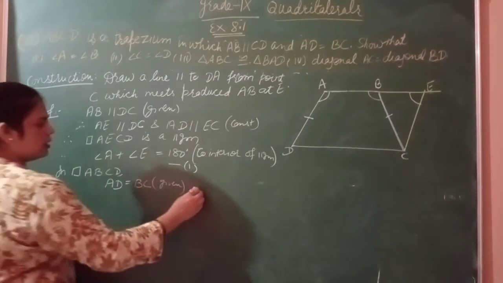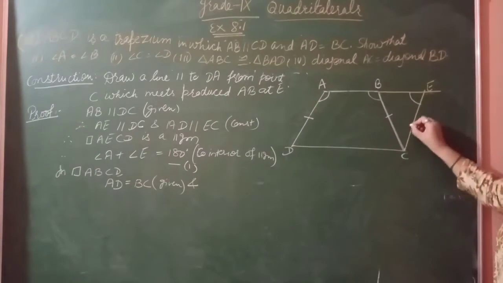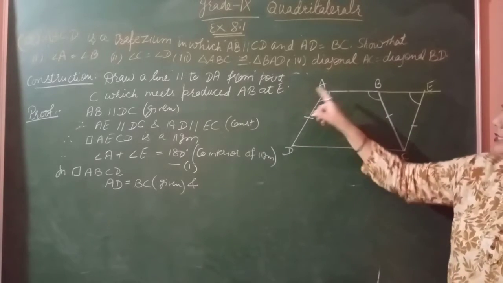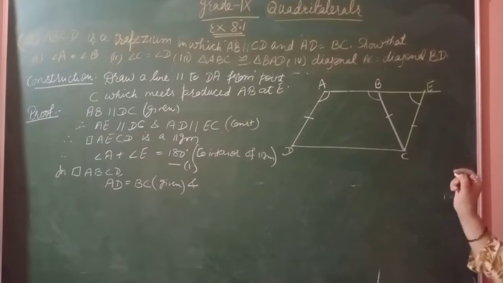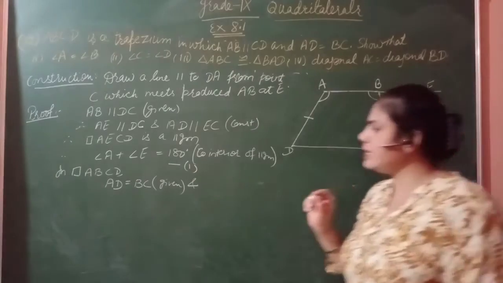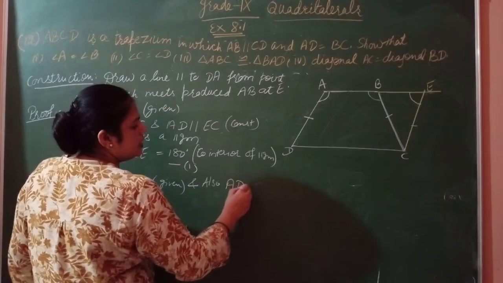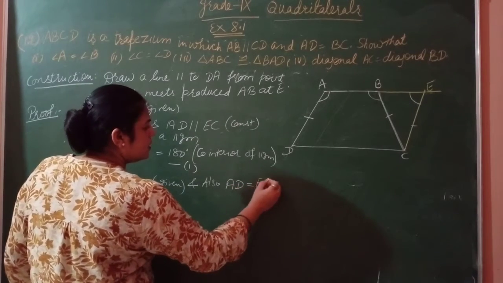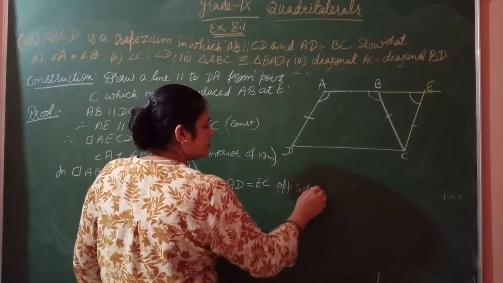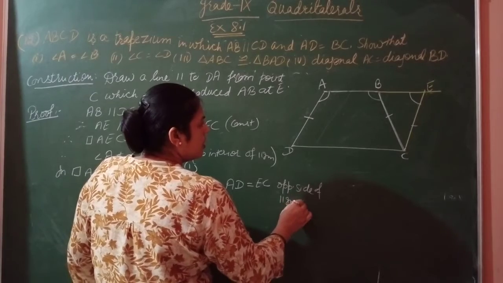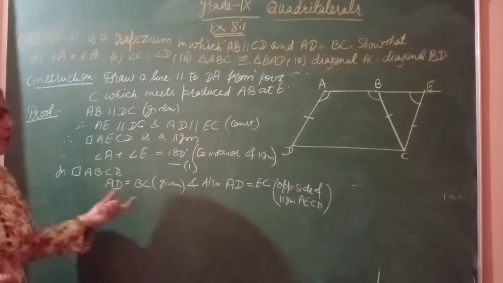And AD is also equal to CE because AECD is a parallelogram, so AD is parallel and equal to EC. Why? Opposite sides of parallelogram AECD. Clear? So from this, what do we observe?